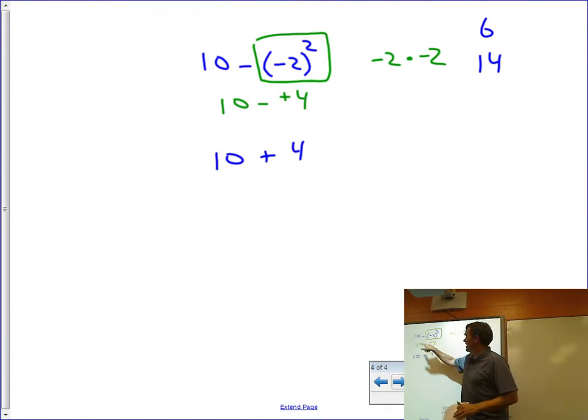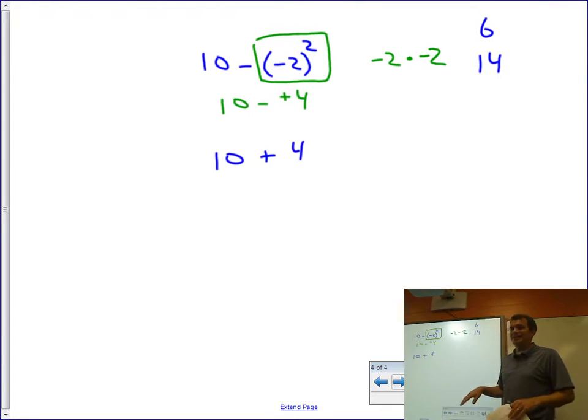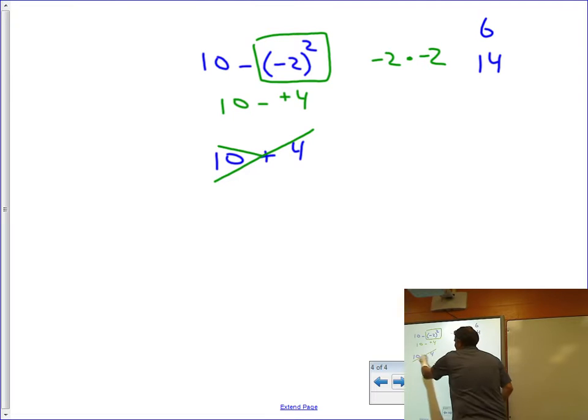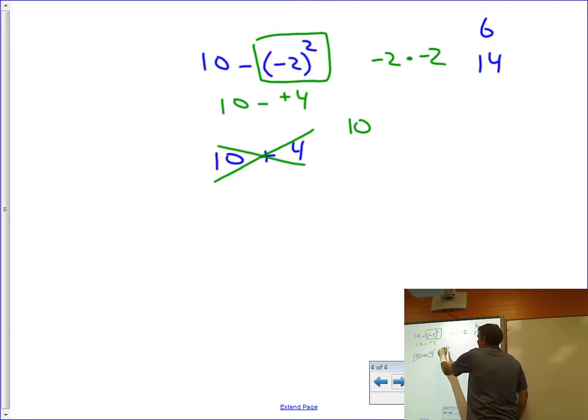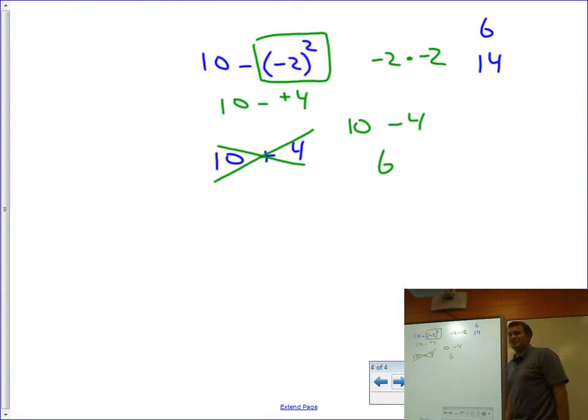The minus and the -2 do not get a chance to combine to make it a plus because the exponent turns the -2 into a positive 4. So this is really 10 minus 4, which is 6. That is a tricky problem.